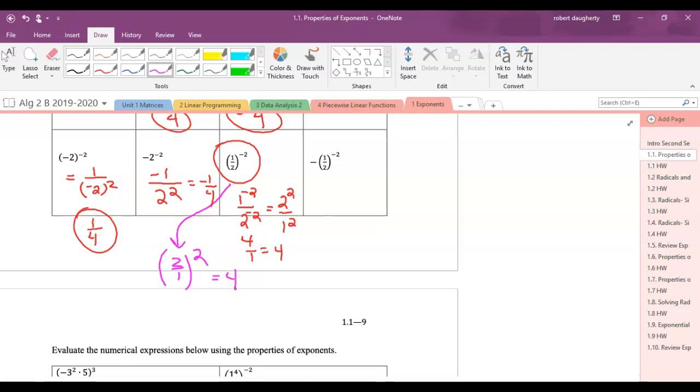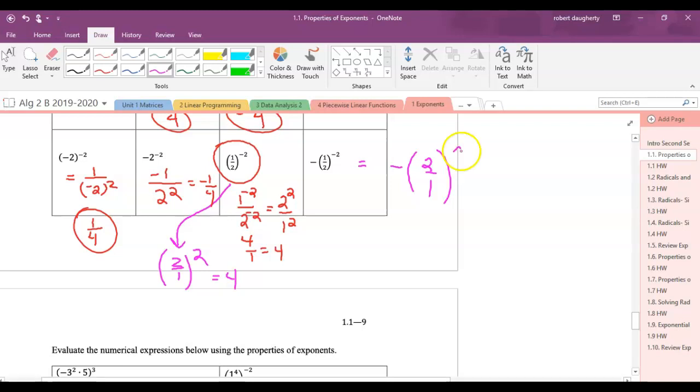So let's look at this one. What is being raised to the negative 2 power here? 1/2. Is the negative being raised to that power? No, so I can just rewrite this one. This is the negative of, if I write this as 2 over 1, what power is that raised to? When I flip it, what happens?